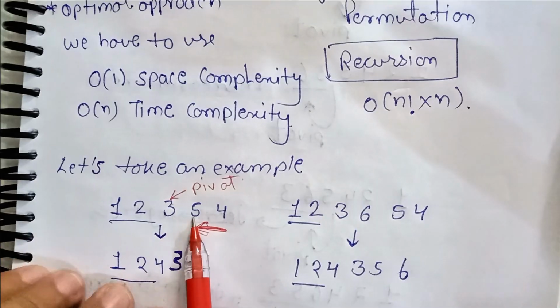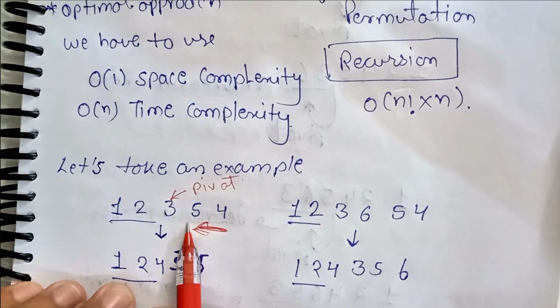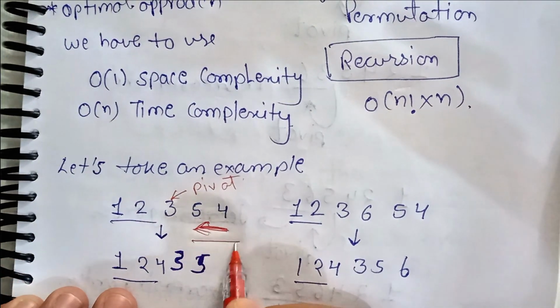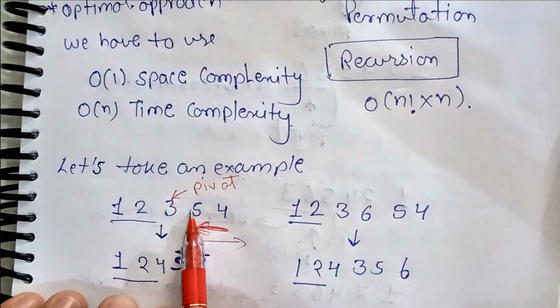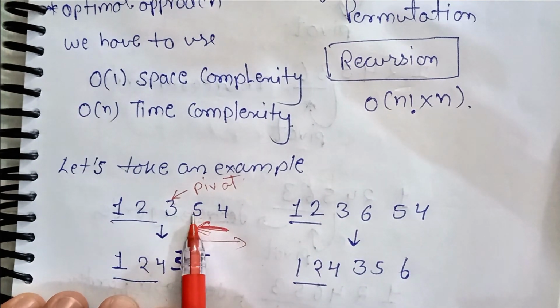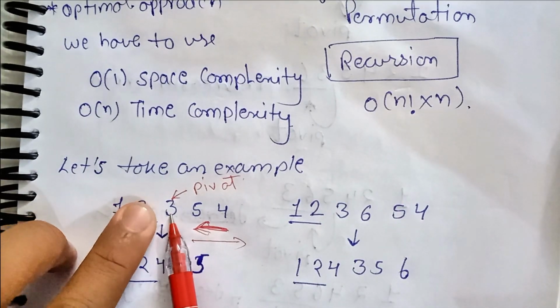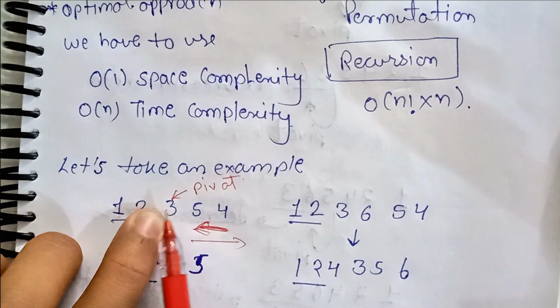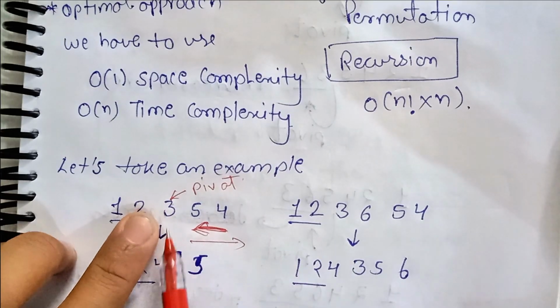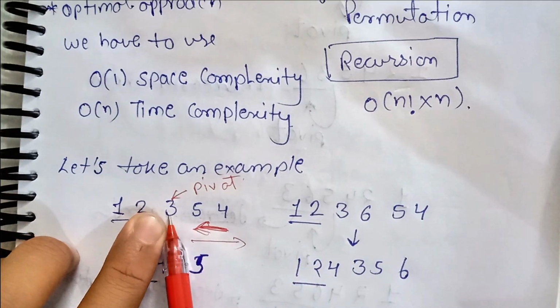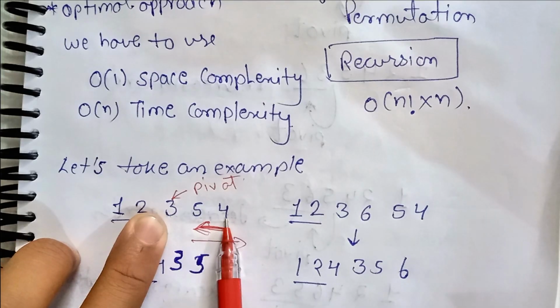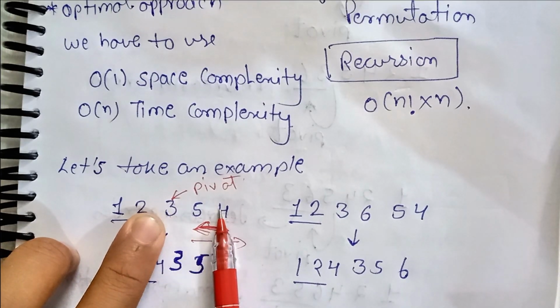Then we have to arrange this in increasing order from left to right. So first we will rearrange this in increasing order. After that we will swap the value of this with the nearest greater value, means 3's nearest greater number is 4. So we have to swap this element with this.